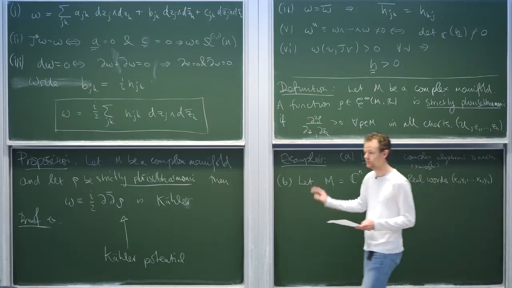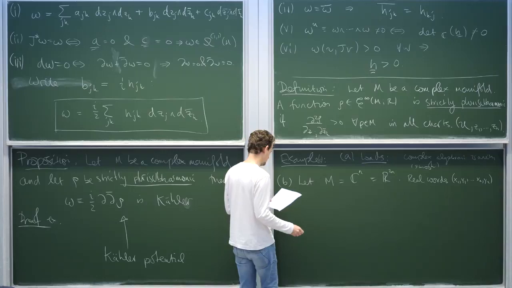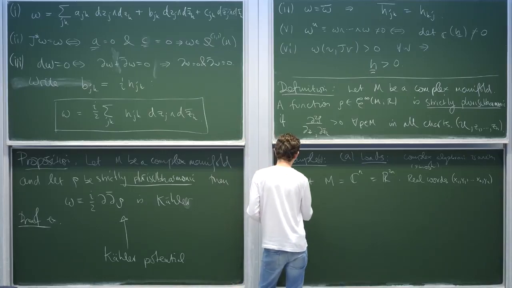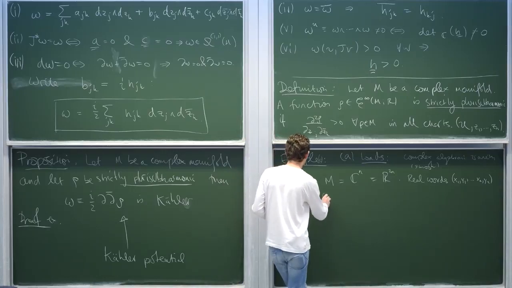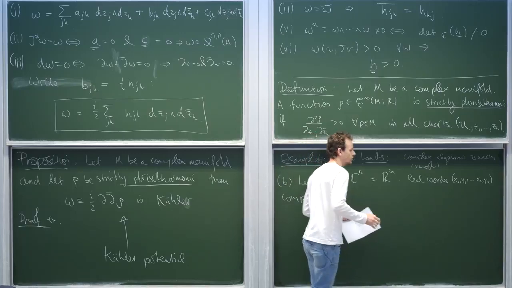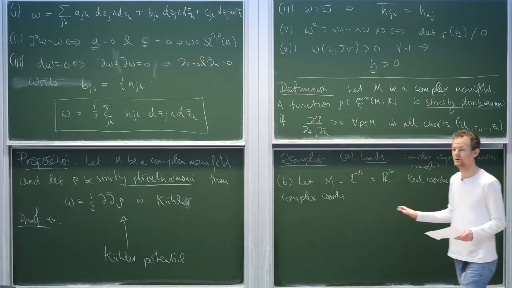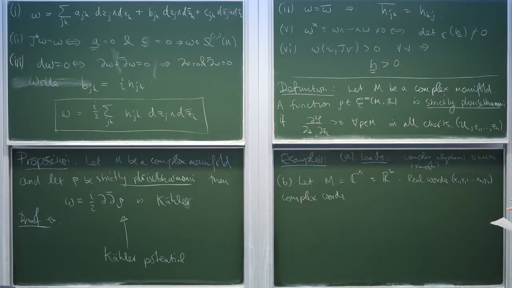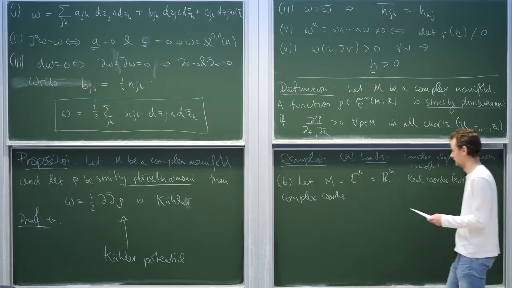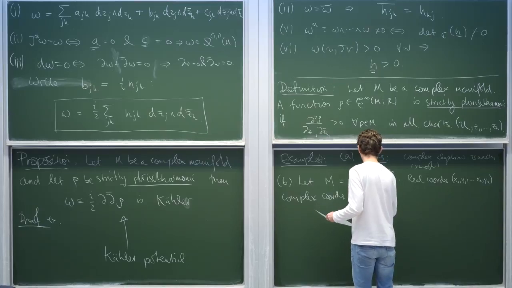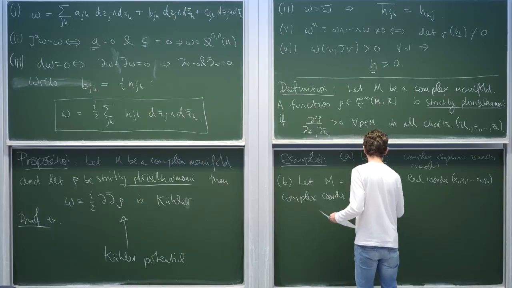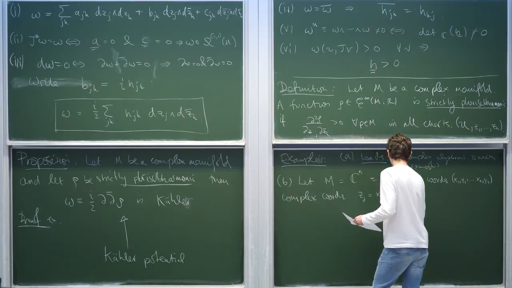Let's take real coordinates x1, y1, and so on. Complex coordinates z1, etc. And I'm going to write the most familiar two-form on this space that we now understand pretty well, this Kähler form. So complex coordinates are zj equals xj plus i yj.